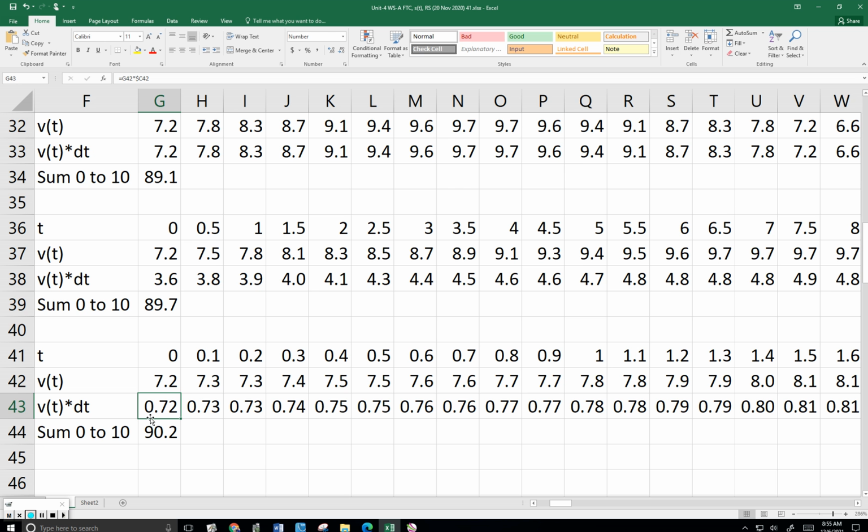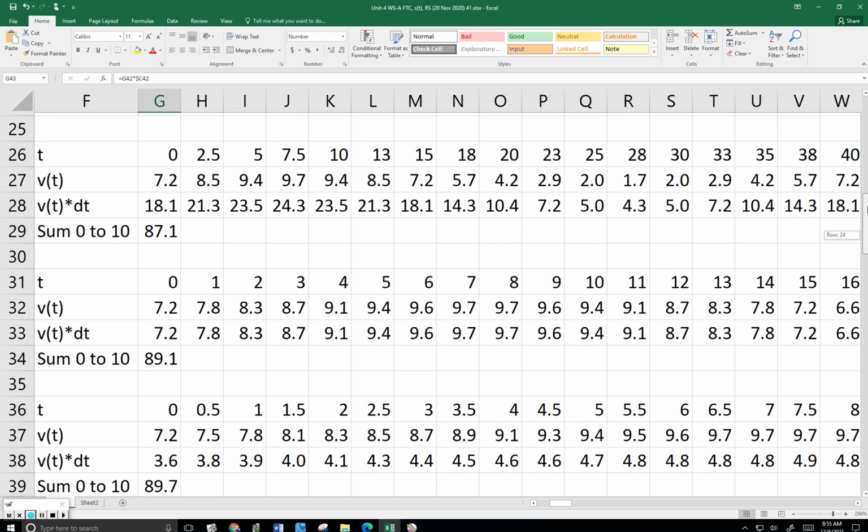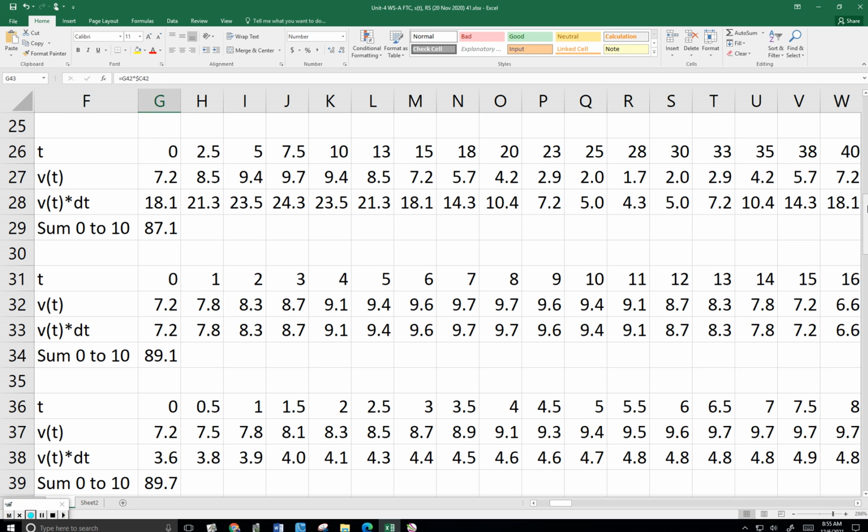Yep, even the half-second one and the 1 second. Every single one of these computations right here, they're all Riemann sums. All you're doing is taking a rate, multiplying by a duration of time, doing it over and over again, and then adding them up.